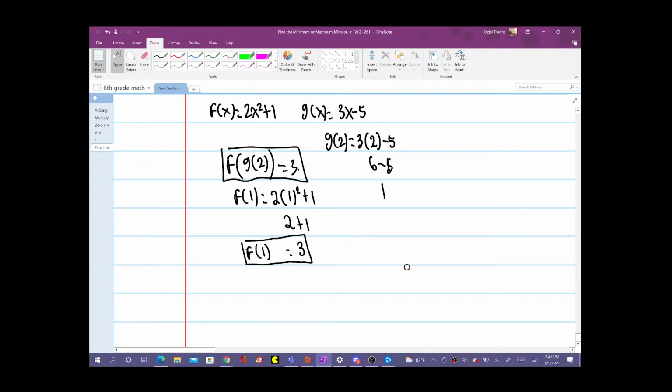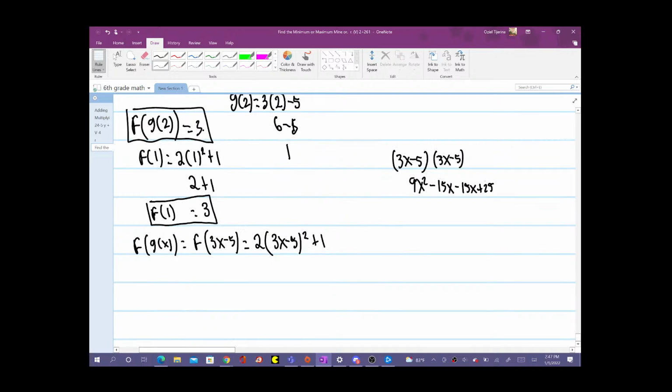If we FOIL, this will be 9x squared minus 15x minus 15x plus 25, so 9x squared minus 30x plus 25.